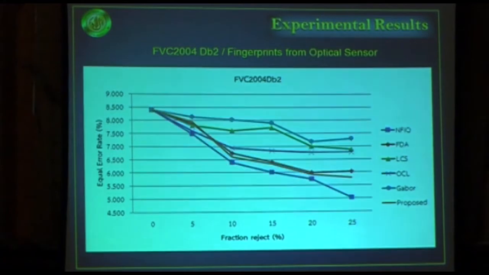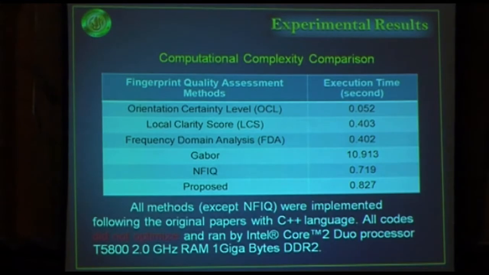But for the optical sensor, it's not that good, it's still above the NFIQ. But anyway, we still have room to improve, because NFIQ uses a neural network as well as all of the features, but we do not use all of those, so there is still room to improve.